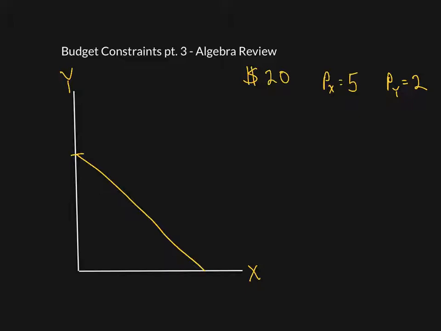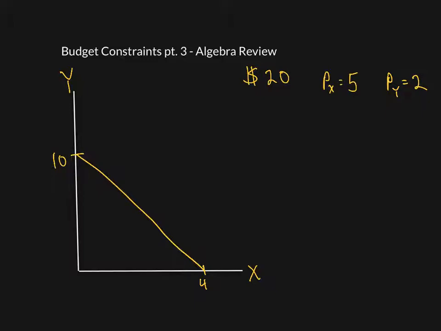As I explained in the last video, in order to visualize the budget constraint, it helps to start off by calculating the intercepts. So the x-intercept in this case is, if you spend all your money on good X, you could afford a maximum of 4. And if you spend all your money on good Y, you could afford a maximum of 10. I obviously did not draw this particular budget constraint proportionately.